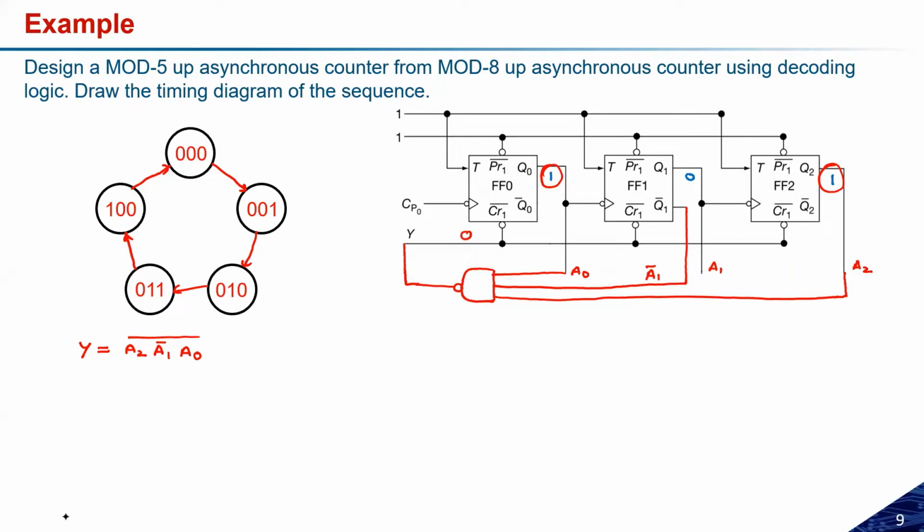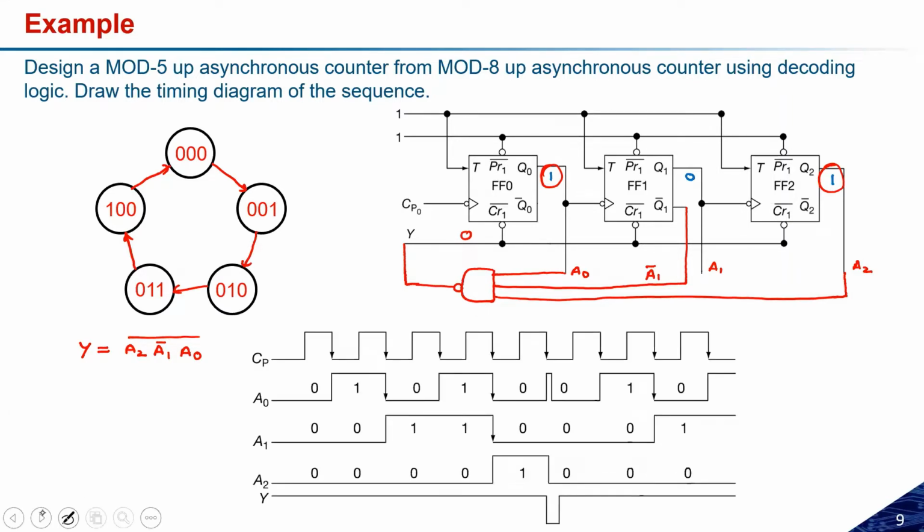Now the timing diagram will look like this. Initially it will start counting from 000. It will go to 001, 010, 011, 100. And once it reaches the next clock pulse, that will clear.